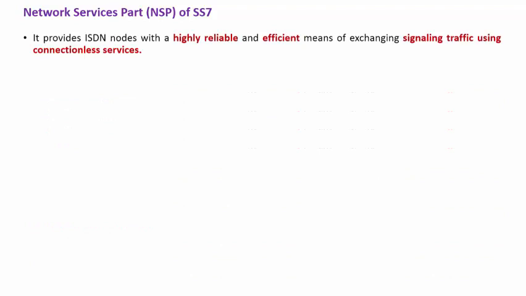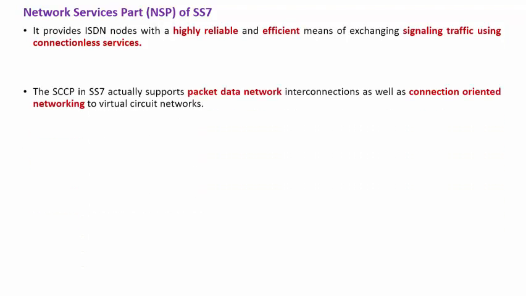First of all, the network service part, which consists of MTP1 to MTP3, provides ISDN nodes, integrated services digital network nodes, with a highly reliable and efficient means of exchanging signaling traffic using connectionless service.